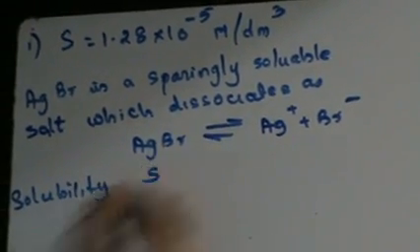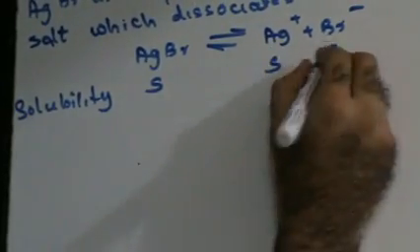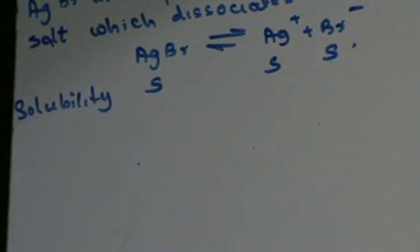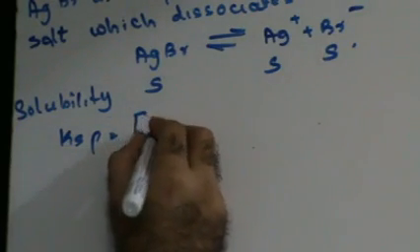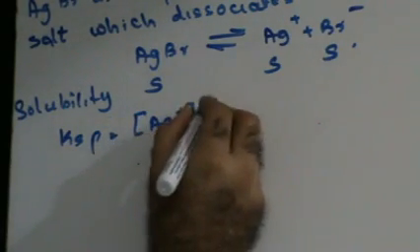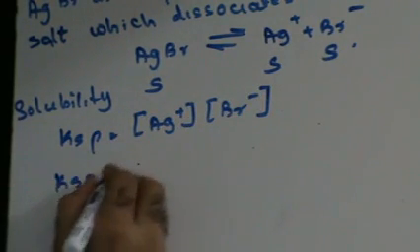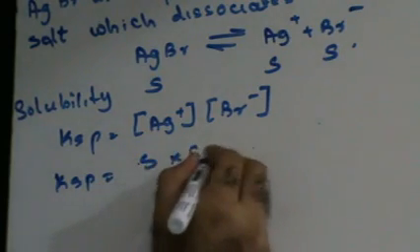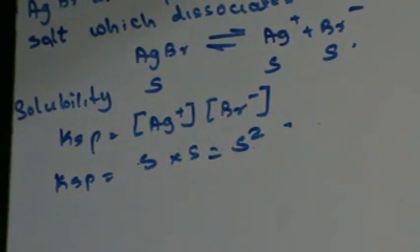Let's assume that the solubility of silver bromide is S. Therefore, the solubility of silver will be S and bromide will also be S. Solubility product is given as active mass of silver ions into active mass of bromide ions, right? So in that case I can say solubility product is going to be S into S, which is S square. You already know the value of S. You can substitute and get this answer.